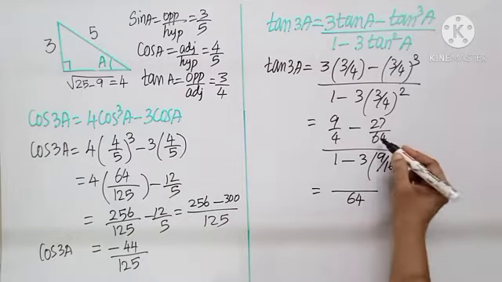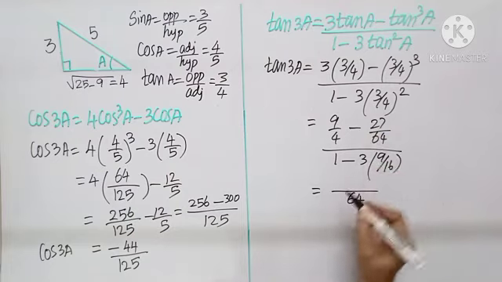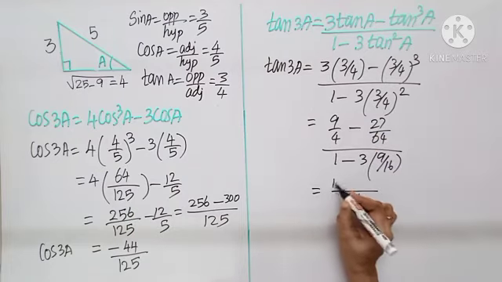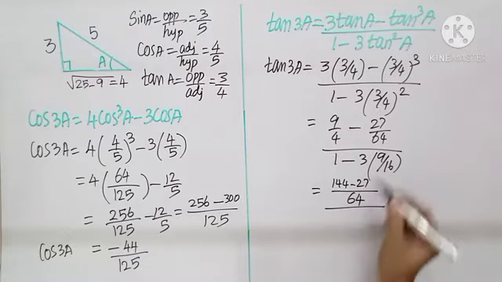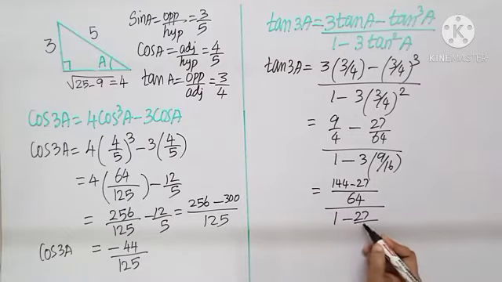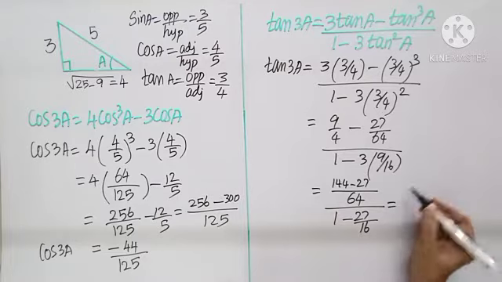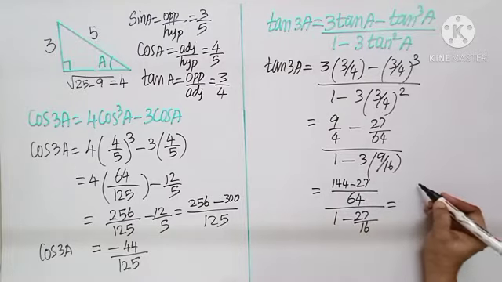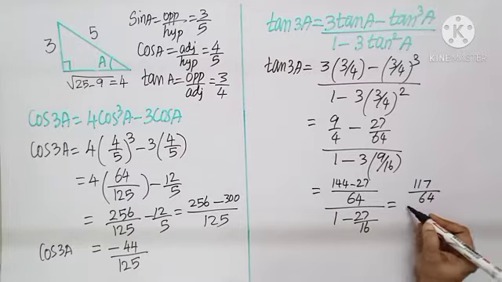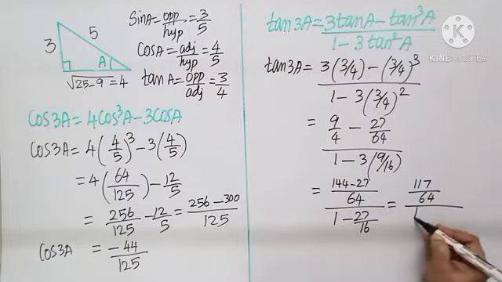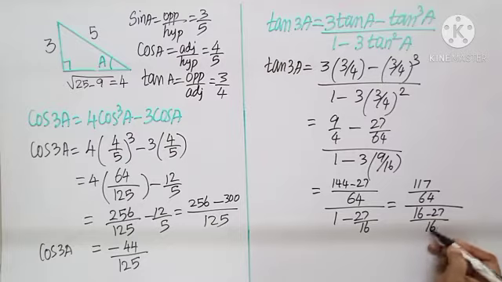Numerator LCM 64. Cross multiply, 9 into 16 minus 27 by 64. Here I get 1 minus 27 by 16. 144 minus 27, it is 117 by 64 divided by LCM 16 minus 27 by 16. Reciprocate.